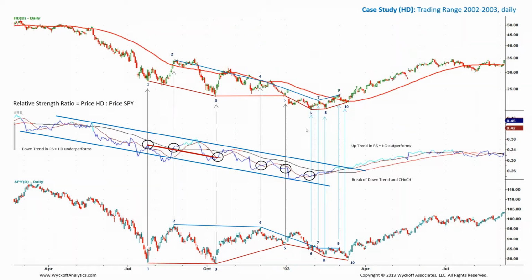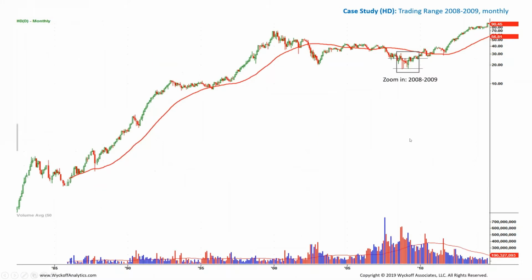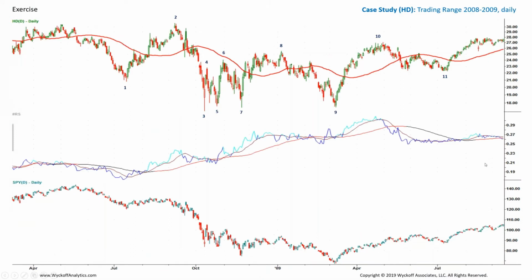It does. Okay, well, if it doesn't, then let's look at the next example really quick, and then it will make a lot of sense. So now we're looking at 2008, 2009, and think about the same concepts. I don't want you guys to think about the relative strength as just the filter that's going to show that the stock is outperforming. I want you to understand why. And what is it exactly that we are looking at when we look at the relative strength?